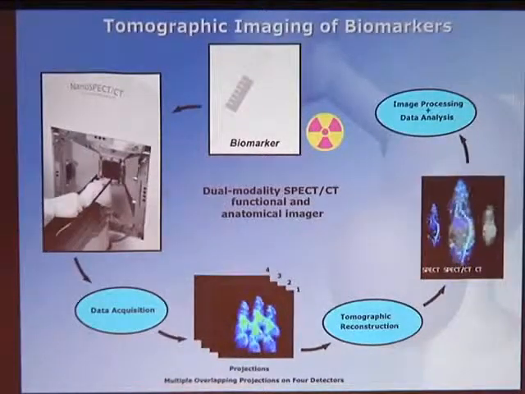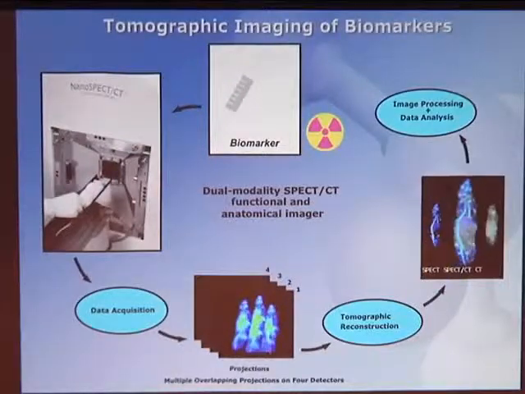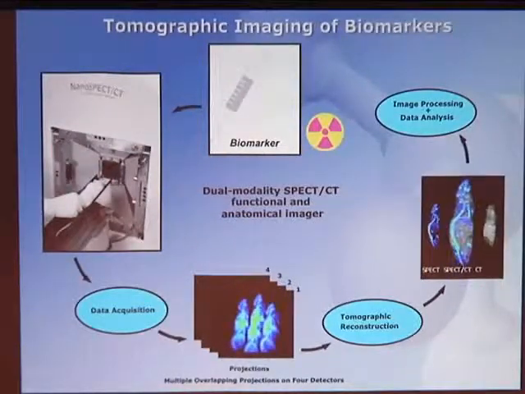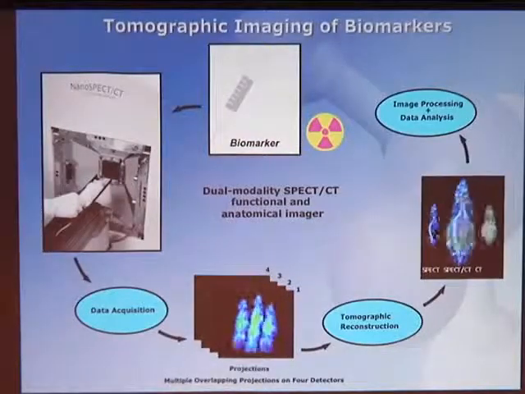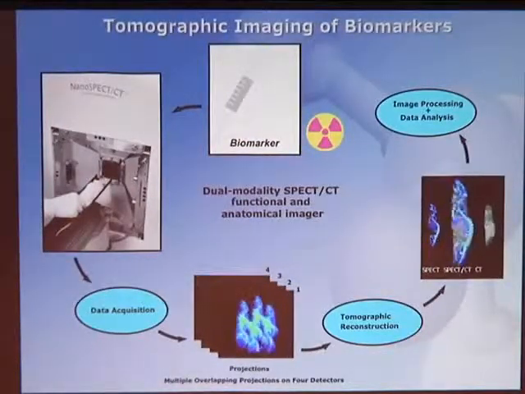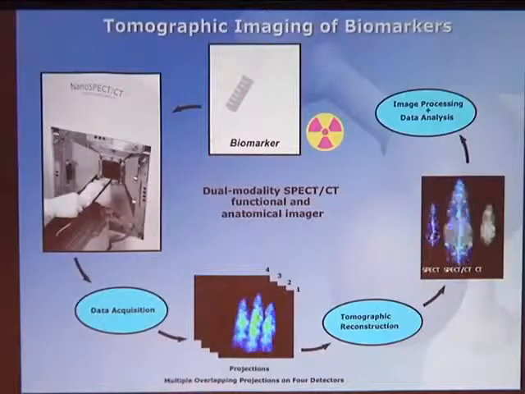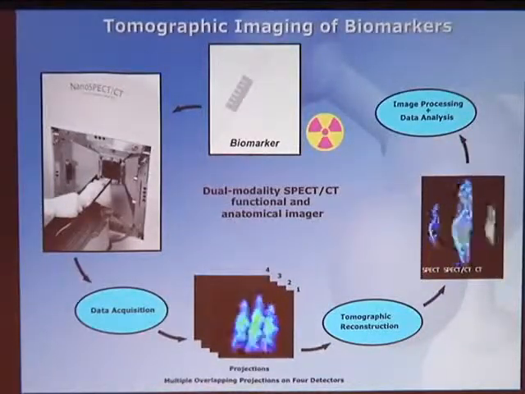We've done some work characterizing the inflammatory response following H1N1 exposure. This is a ferret. On the left is the baseline ferret, and you can see there's quite a bit of uptake in the gallbladder. That's part of the normal distribution, but there's really nothing in the lungs. Ferrets are quite long, and they're all lung, all the way to the pelvis.